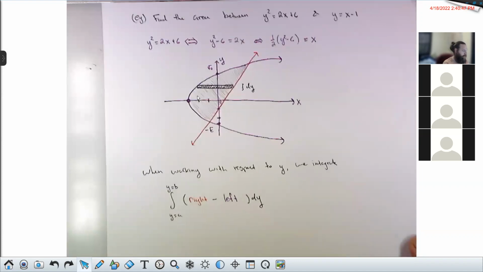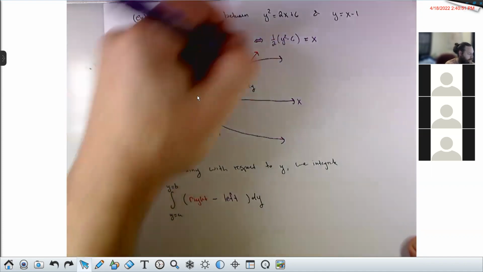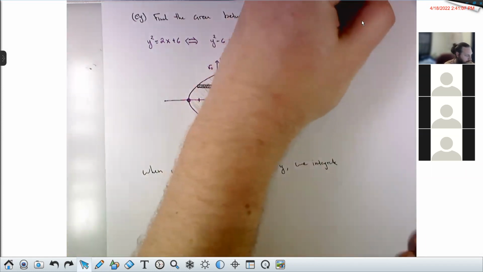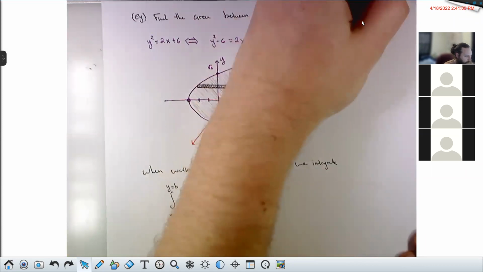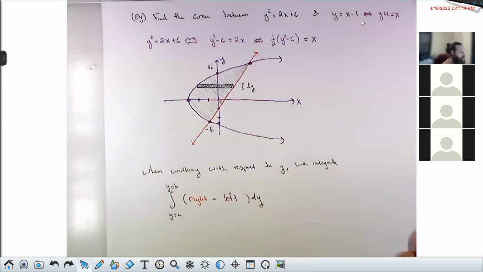So for the problem we're looking at, that means I need to know the y value here and the y value here. I need those intersection points. You can find those intersection points by taking this thing solved for x and setting it equal to this thing solved for x. So y equals x minus 1 is the same as saying y plus 1 equals x.